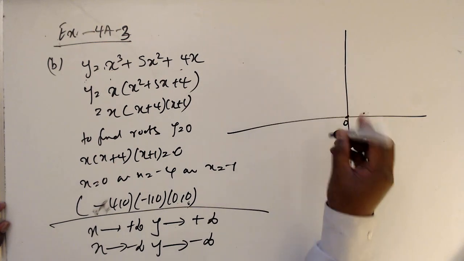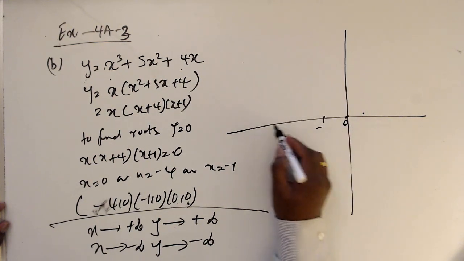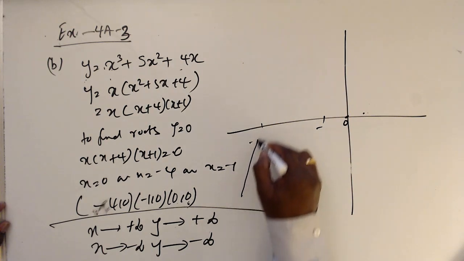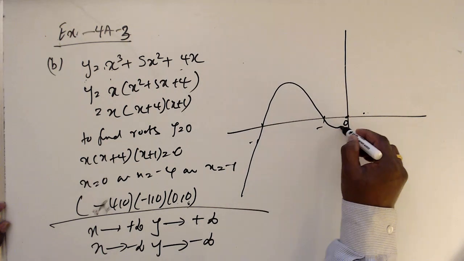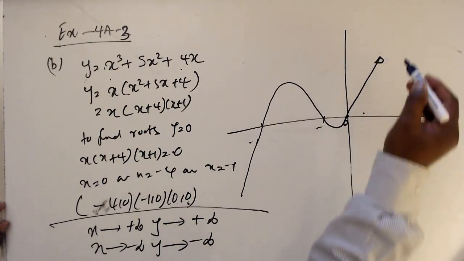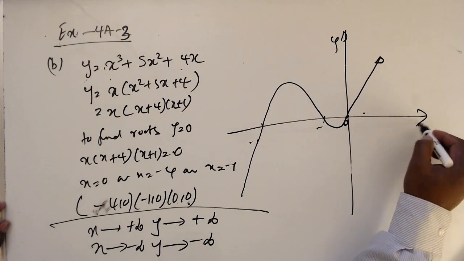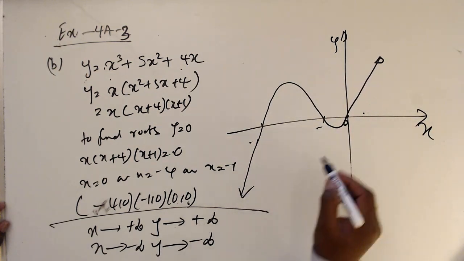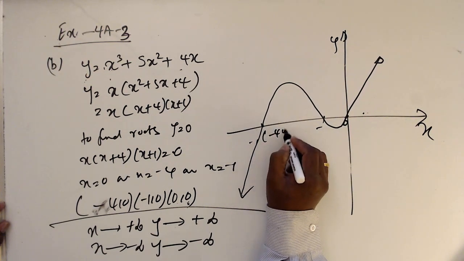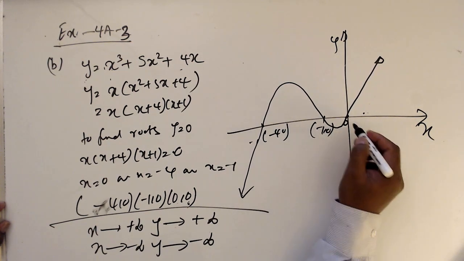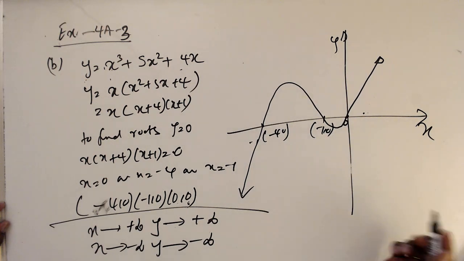Then this is minus 1 and this is minus 4. So y, x, and this is minus 4, 0, and this is minus 1, 0, and that's all basically.